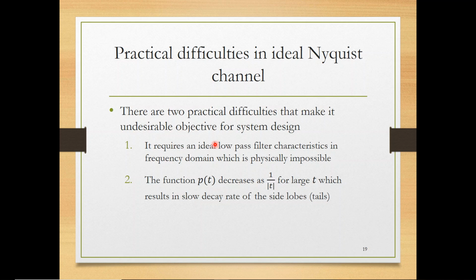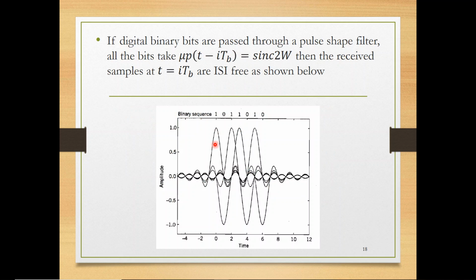Why is this significant inter-symbol interference? Can anybody tell me? Suppose these are not coming perfectly because of lack of synchronization between the transmitter and receiver. Any small shift, what will happen? If you have any small shift, you will get inter-symbol interference, because you get 0 inter-symbol interference only when they are perfectly aligned at this point in time.